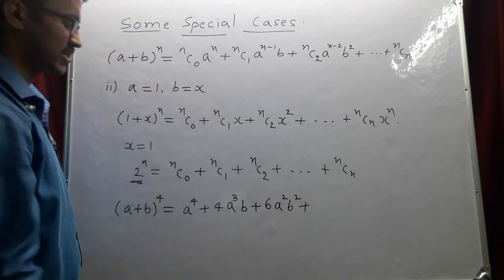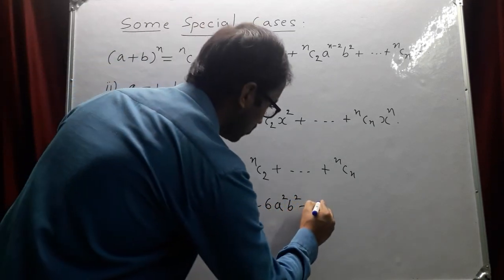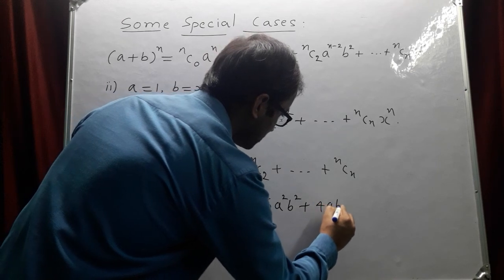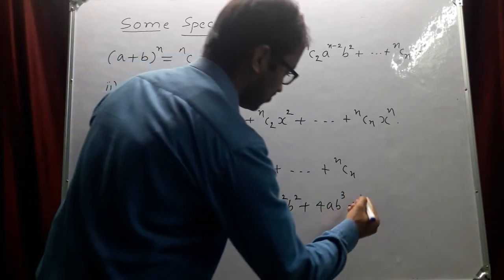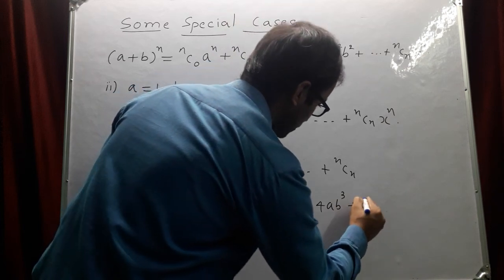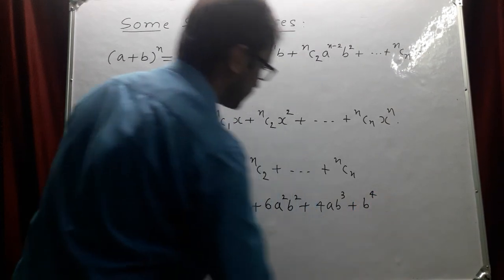Next 4C3, that is 4 a b cube, plus 4C4, whose value is 1, b power 4.